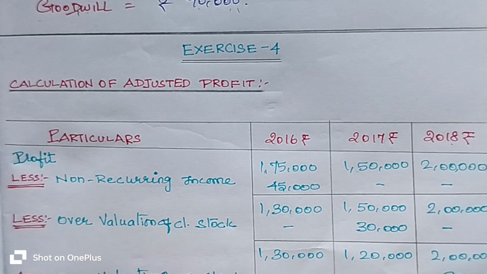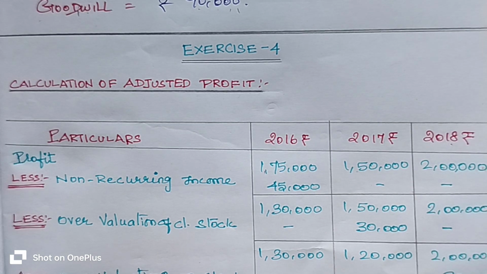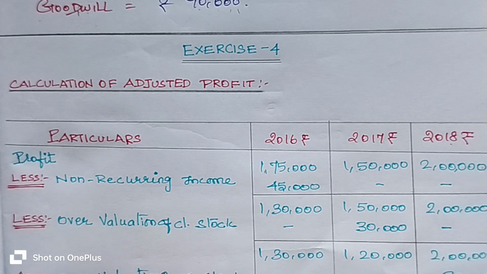So how is it possible? Because in the year of 2016, a temple performed Kumbhabhishekam ceremony. And there near the temple you have a puja shop, right? So in the year of 2016, you got non-recurring income because of the temple's Kumbhabhishekam.